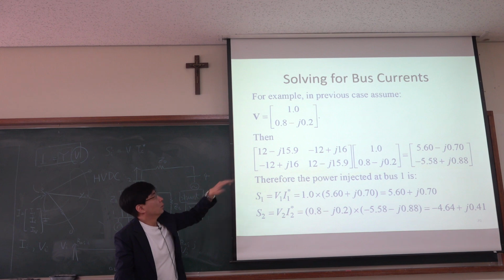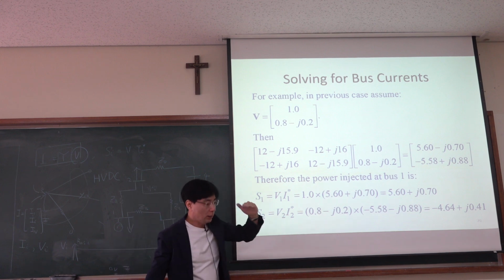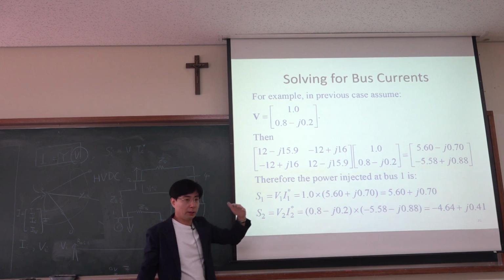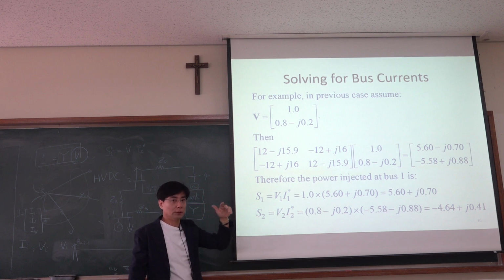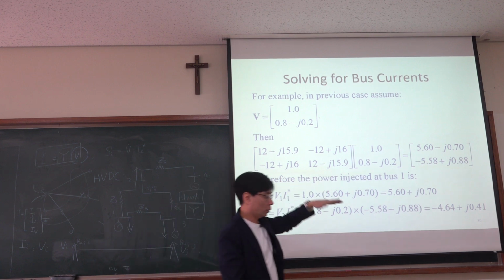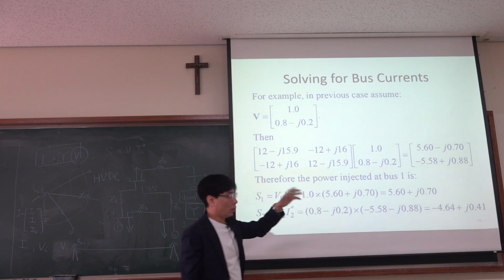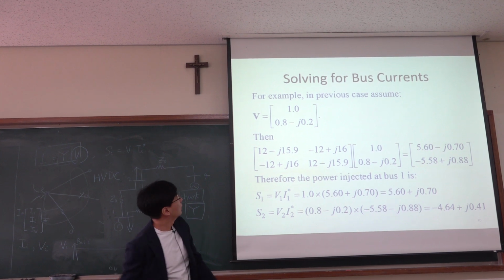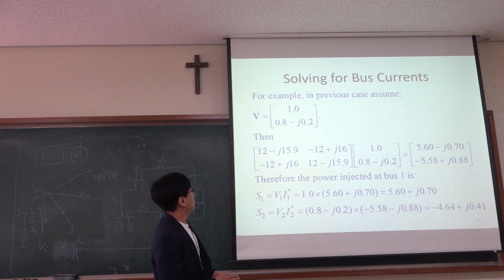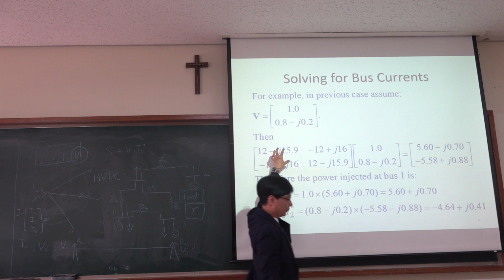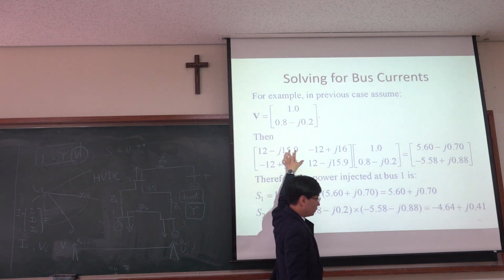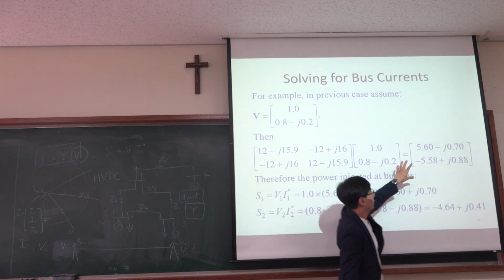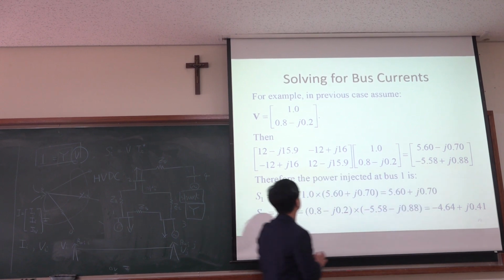And in fact, when you compute the voltage, it slightly changes, like plus or minus 5%, depending on the network conditions. But normally the magnitude of the voltage is around 1.0. So we know the Y bus admittance matrix, and the voltage is like that, and the current injection is computed.